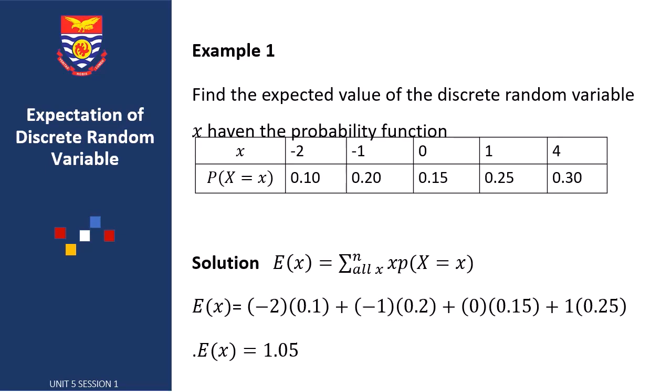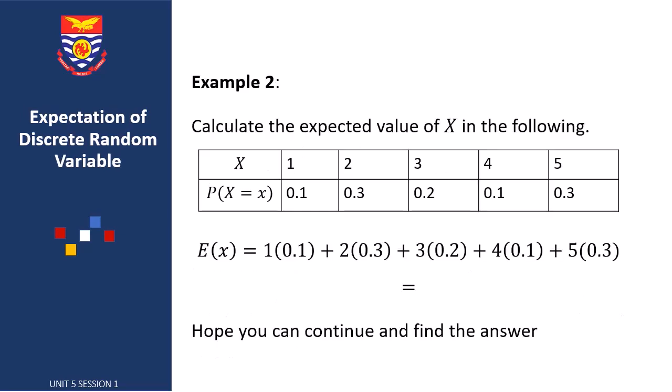So we pick the first random variable, that is -2, and it goes with its corresponding probability, that is 0.10. So -2 times 0.10 plus -1 times its corresponding probability 0.20 in that order, and the result will give us 1.05. That's simple. That's the expected value. Quite simple, right? Let's then continue with other examples and see.